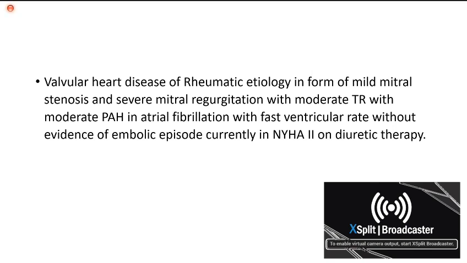PND means 25. PND is definitely more than 18 or usually very often 25 or more. And patients with pulmonary edema, in a patient with chronic mitral stenosis, it could be about 30.